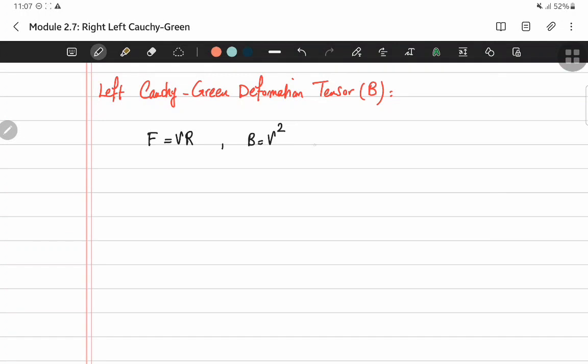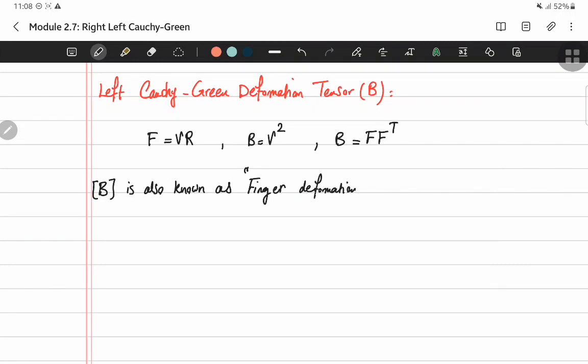And we already proved that B is equal to F F transpose. This B tensor is also known as the Finger deformation tensor.